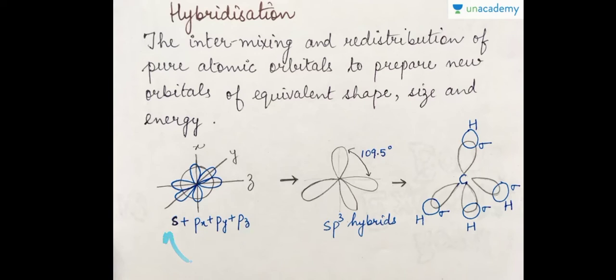A compound would only be formed in this case if all these orbitals combine together and form a new set of orbitals known as the hybridized orbitals, which have equivalent shape, size and energy. The new orbitals formed here are known as sp3 hybridized orbitals, because they are formed from 1 s and 3 p orbitals, and this is the orbital structure that we can show here.